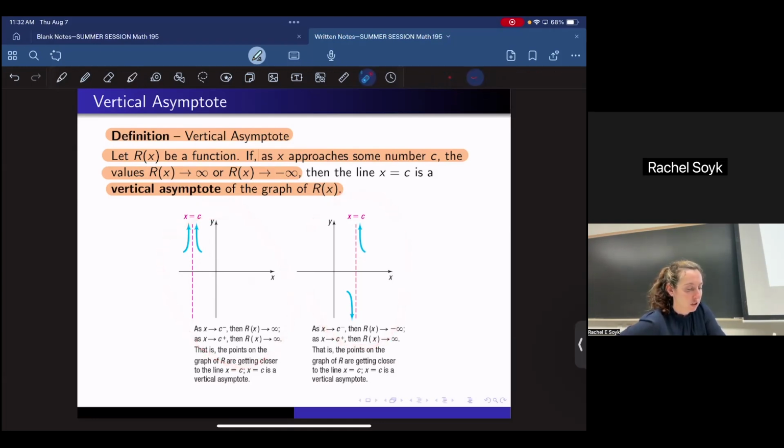You can have a function where it approaches positive infinity on both sides, and we still have this vertical asymptote, or it can be opposite, just like the example we saw previously, our 1 over x, where it approaches both positive infinity and negative infinity, but still never hits that vertical asymptote.